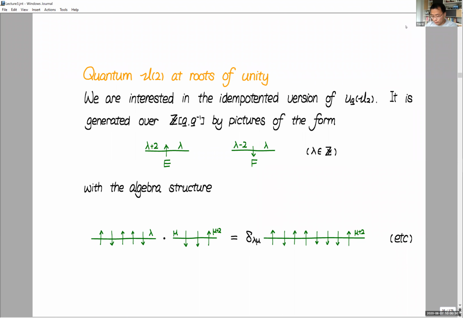We started with quantum group quantum SO2 as a diagrammatic one-dimensional algebra depicted on the one-dimensional x-axis. This is a one-dimensional structure where the multiplication is essentially given by horizontal composition or juxtaposition of pictures.